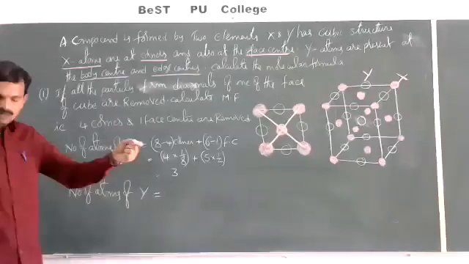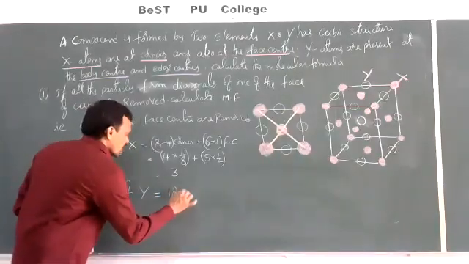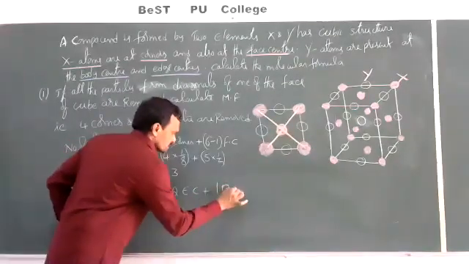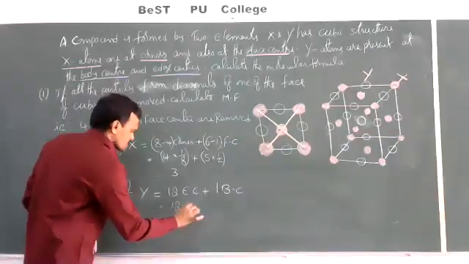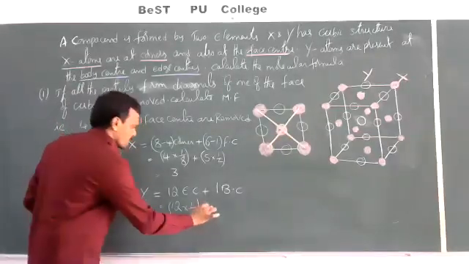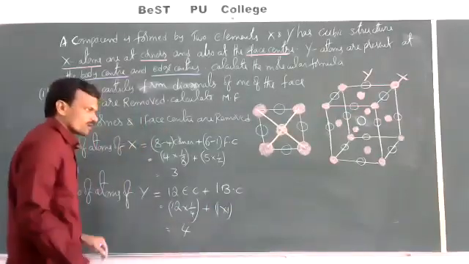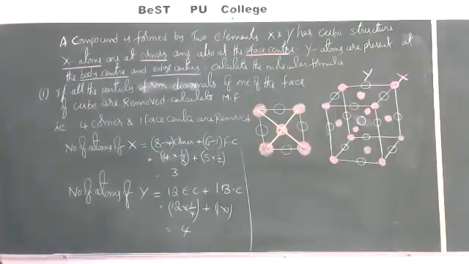So the number of atoms of Y remains the same as it is, that is 12 edge centers plus 1 body center. Then this is equal to 12 into edge center contribution 1 by 4 plus body center contribution 1. This is equal to 4. So the number of atoms of Y is equal to 4.